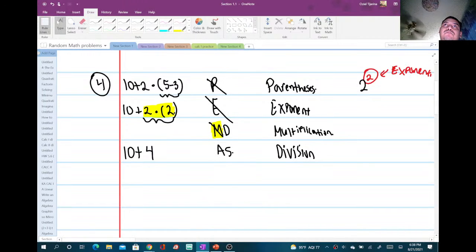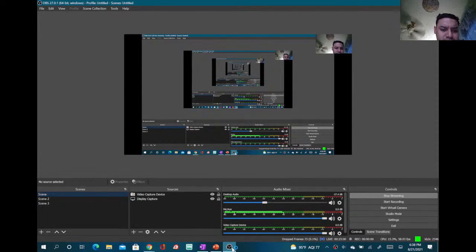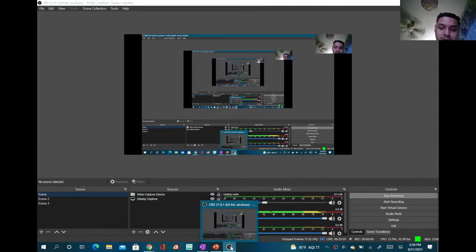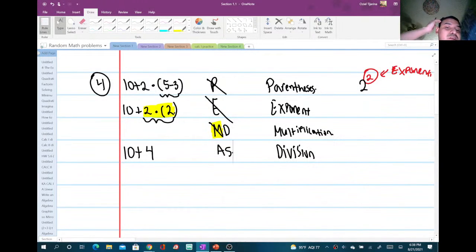We don't really have to do anything with division because there is no division here, so we can cancel that out. Addition, yes, we do have addition.